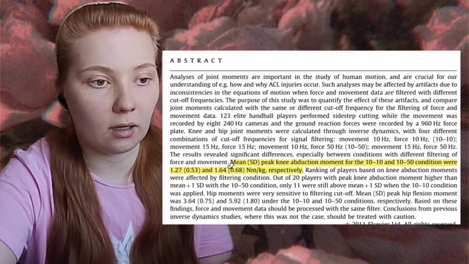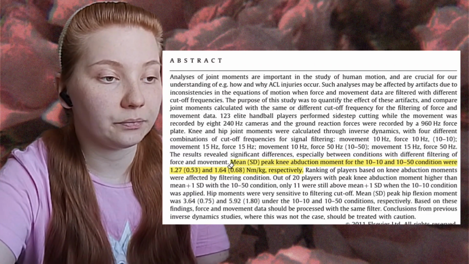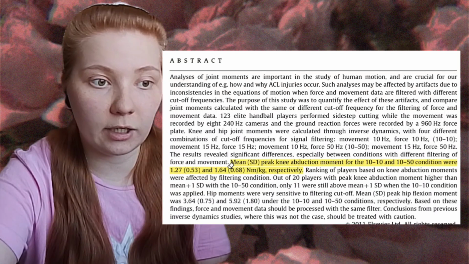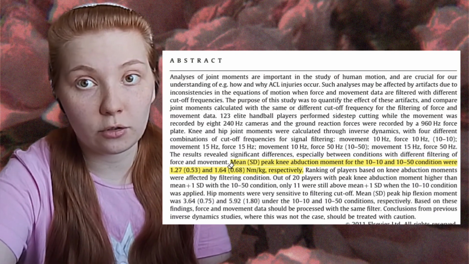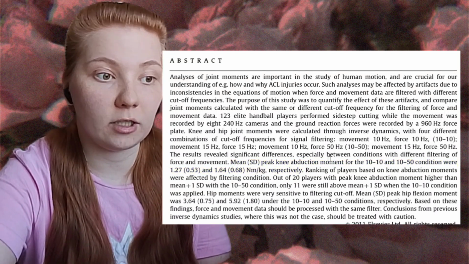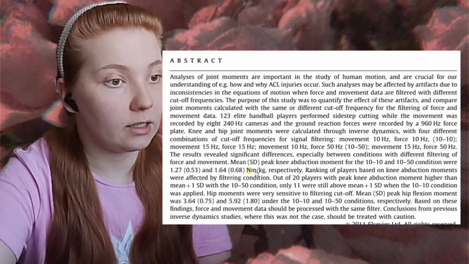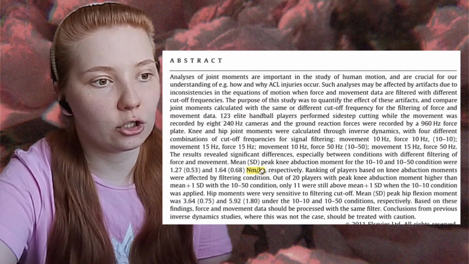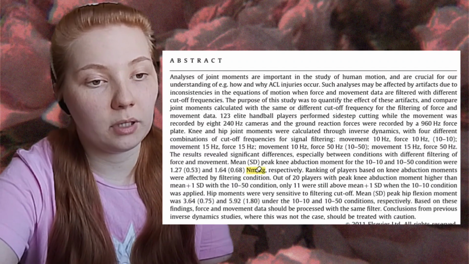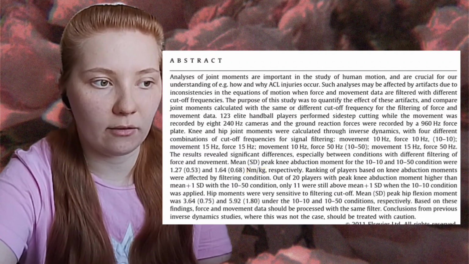Knee abduction moment is a torque that tends to push the knee inward, valgus, and is associated with ACL strain. The unit is newton meters per kilogram, normalizing torque by body weight. Filtering mismatch inflated this key injury risk metric.